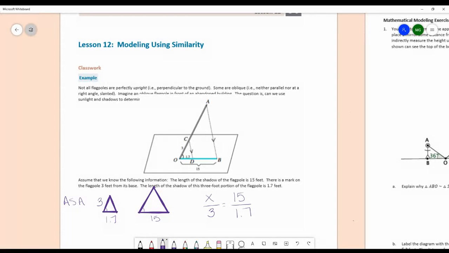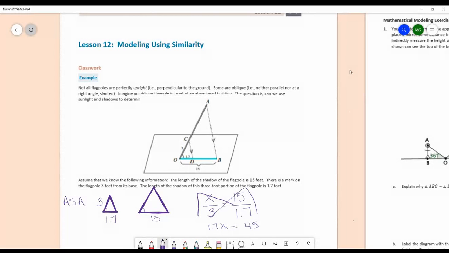And at this point, we can do our regular old math. We can cross multiply. So we have 3 times 15, which is 45, and 1.7 times x is 1.7x. And now we need to get our x by itself. So we're going to have to do what to both sides?